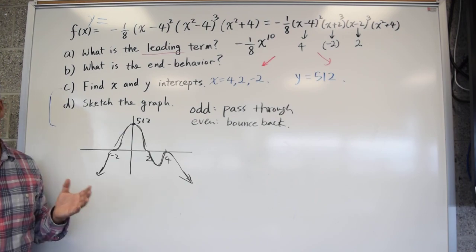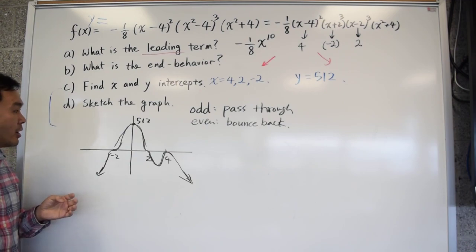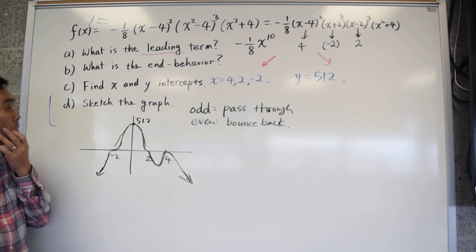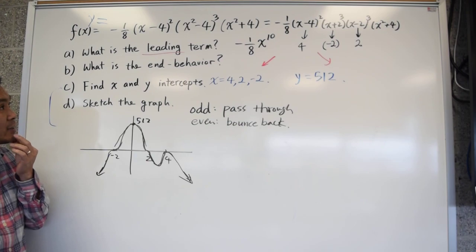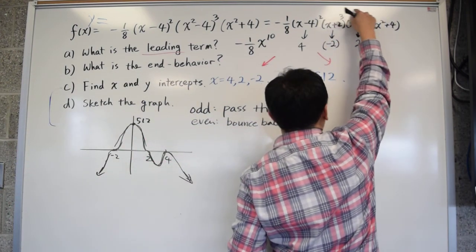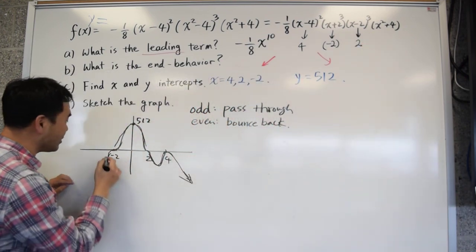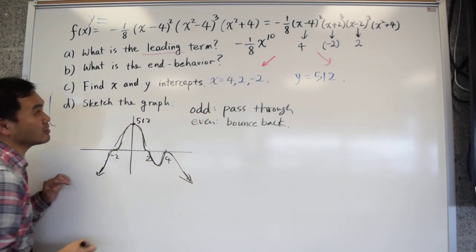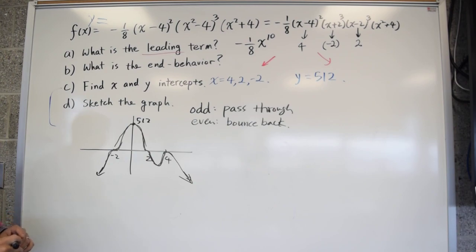Okay? That's the maximum number of turning points. And what happens is that the cubed here, those are kind of used to make this dent. And that squared is used to make this dent.